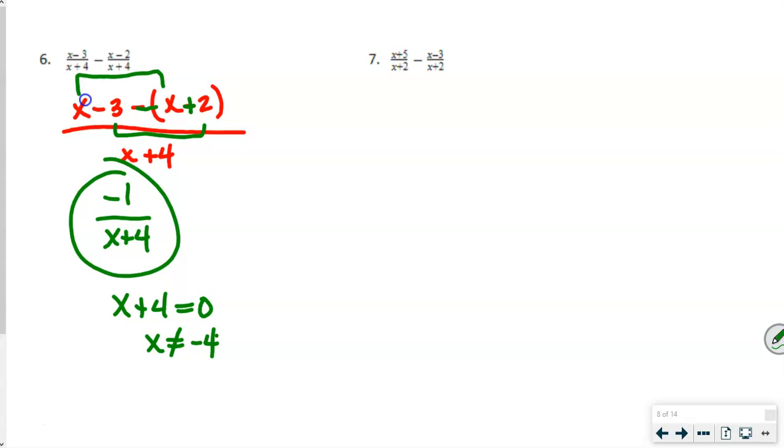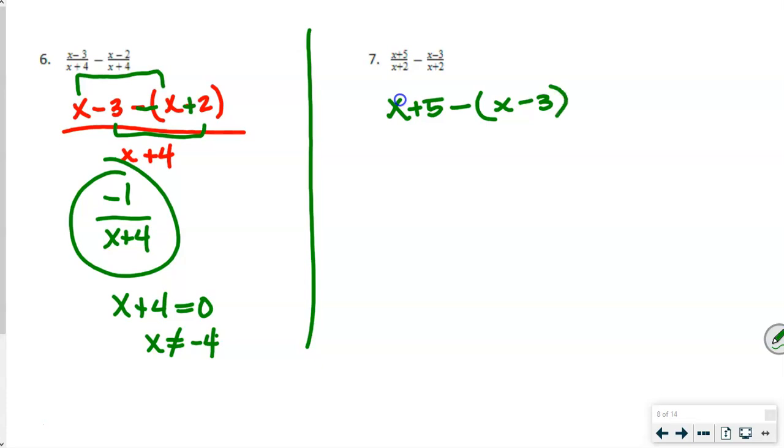So this next one is again a U-try. So you guys go ahead and do it and then come back to me when you're done. So this one has a common denominator again. So we're just going to do our x plus 5 minus an x minus 3. So once again, this is going to end up being negative, but that's going to end up being positive. We're going to change the sign.